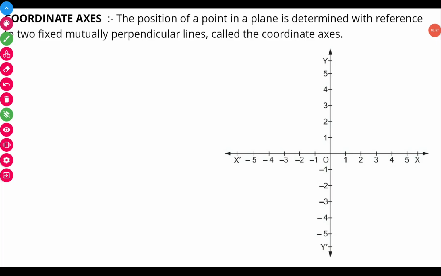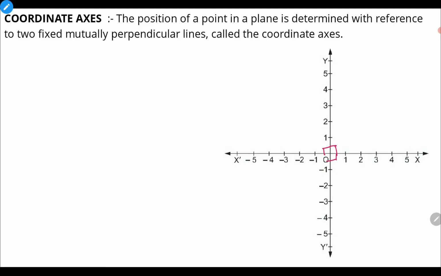Your next thing is coordinate axes. As you can see in the picture, two fixed lines perpendicular to each other. These two lines are perpendicular to each other. They can't be moved. They are always perpendicular to each other. Okay?